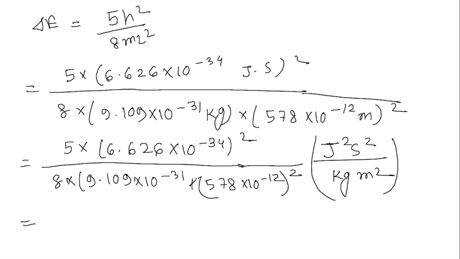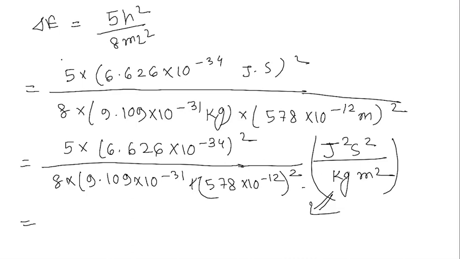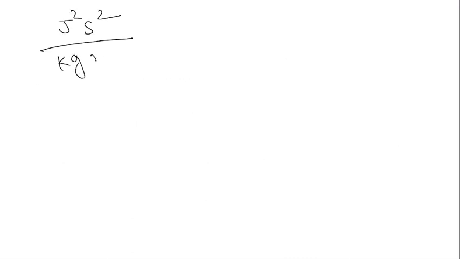Now I will show you how to sort this, because most people, and I also sometimes, make this kind of mistake, and for this all the answers come wrong. Kg meter square. Joule is the unit of work, kg meter square by second square.